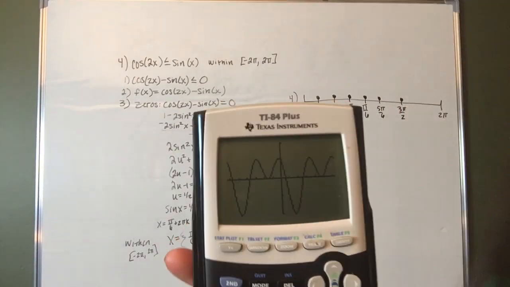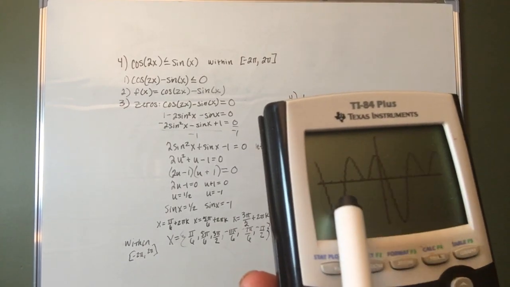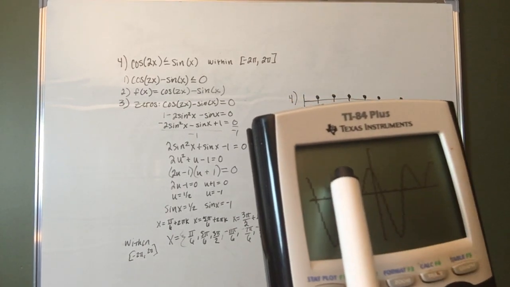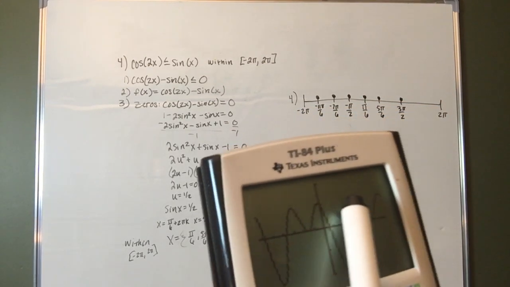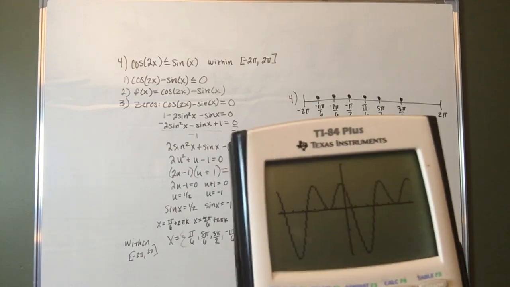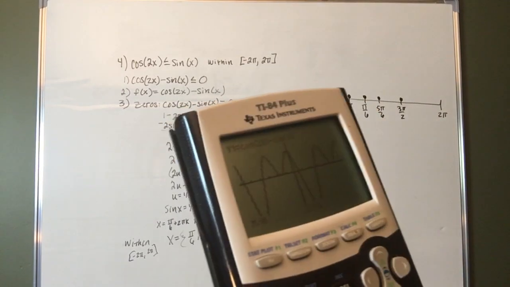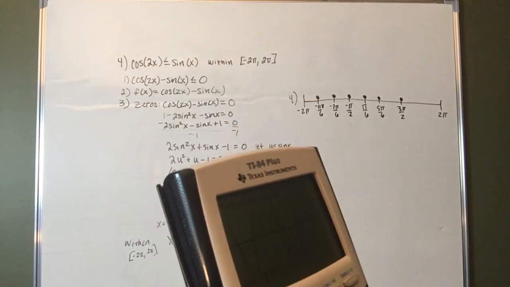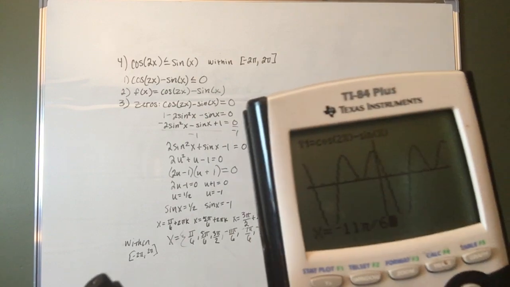So we're looking at this graph. What's going on with it? It's positive, then it's negative, then it's positive, then it's still positive, then it's negative, then it's positive, then it's still positive. If we check some of our values, if we hit trace, if we type in -11 pi over 6, that should be the first place we see this graph crossing the x-axis.